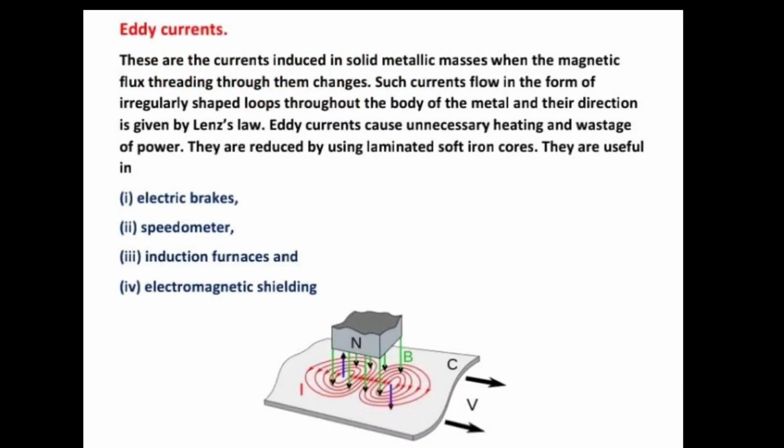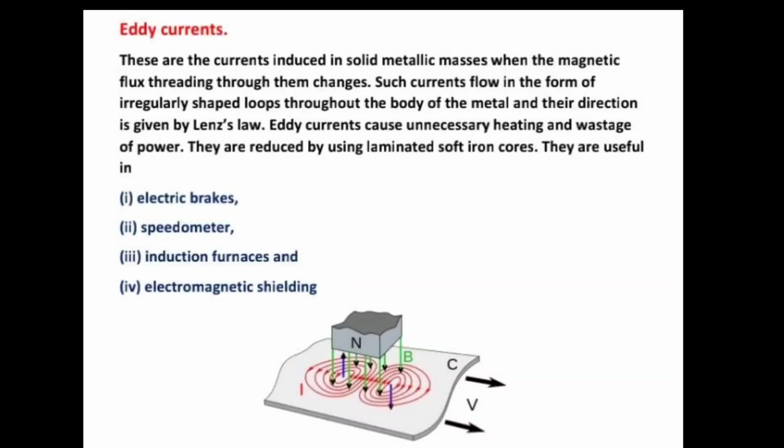Eddy currents are useful in various aspects, like in electric brakes and speedometers, and the question is how these are formed. Actually, these are induced currents, and they are induced in solid metallic containers whenever the magnetic flux passing through them changes, and these currents flow in the form of irregularly shaped loops throughout the container.